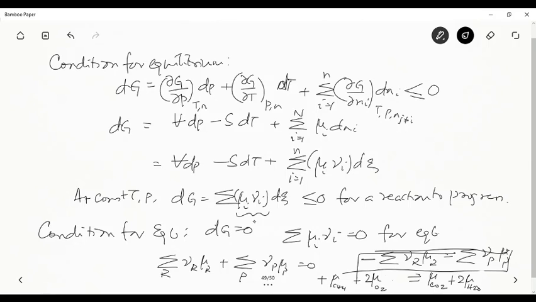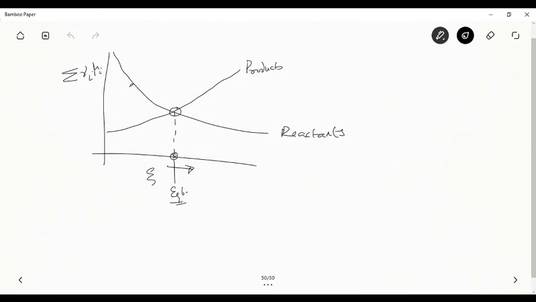So if I call this a variable, let us say A, the normal A we have used for the Helmholtz function, so we'll call this cursive A. So A is basically the summation of mu i, which is mu i of products minus mu i of reactants. Then we actually get A to be this.